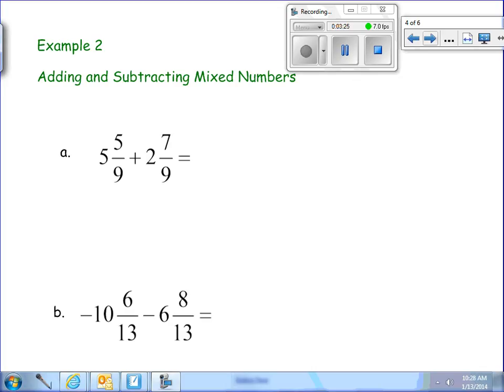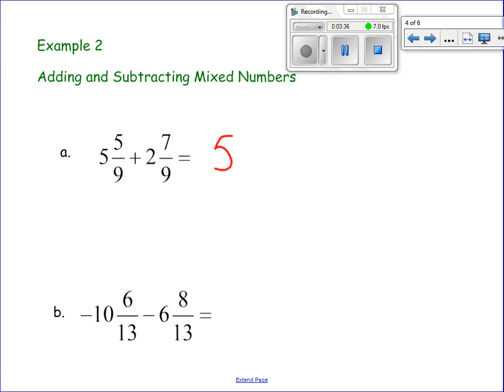Example 2 of A and B. In A, we have mixed numbers that we're adding. Let's try to work these out horizontally. I'm going to add my whole numbers first, which would be 7.